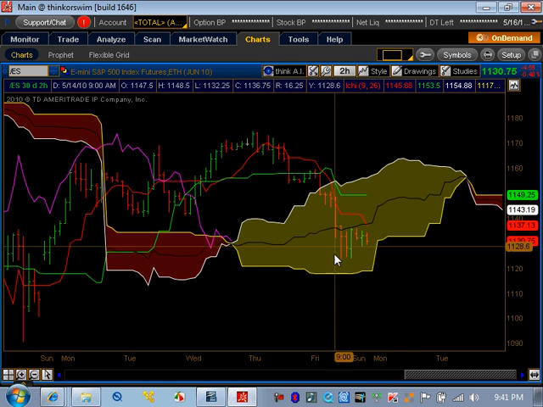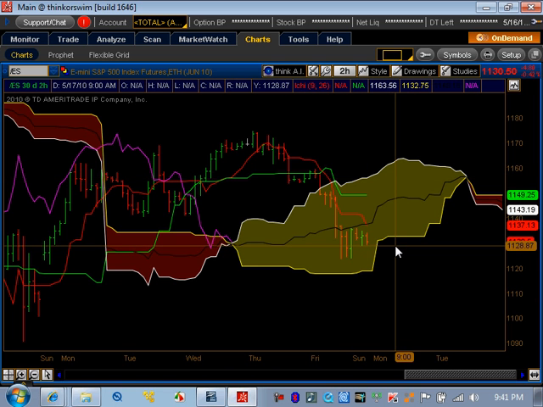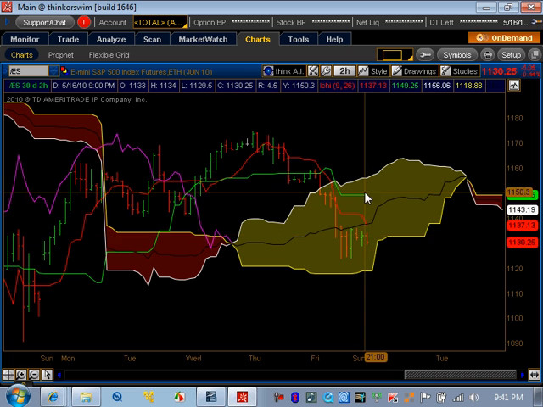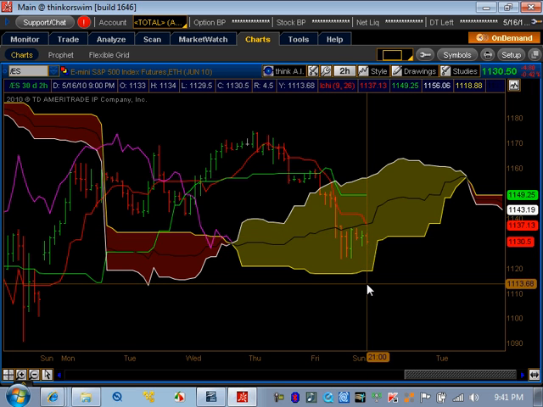Okay, now how do you look at all this stuff? Well, it's very simple. We talked about it at the very beginning of the Ichimoku video. Instantly, before you do anything with Ichimoku, you can tell the sentiment of this chart. If price is within the cloud, right here, we're consolidating. If price was below this current Kumo Cloud, we would be bearish.